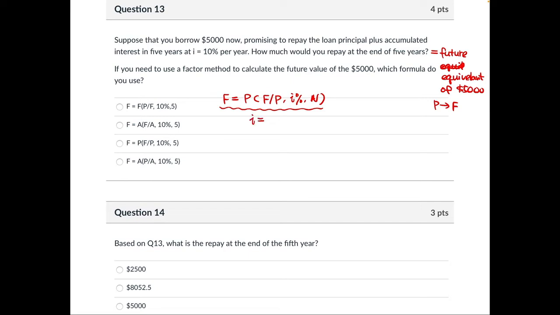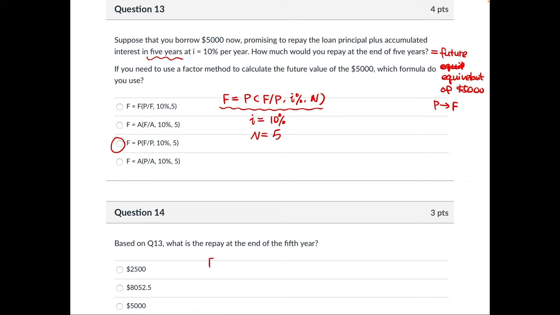So the i equals 10%. That's per year. And n is the number of years, because you have 5 years, so it's 5. So it's going to be P times (F/P, 10%, 5). And based on this formula, what is the repayment at the end of the 5th year?